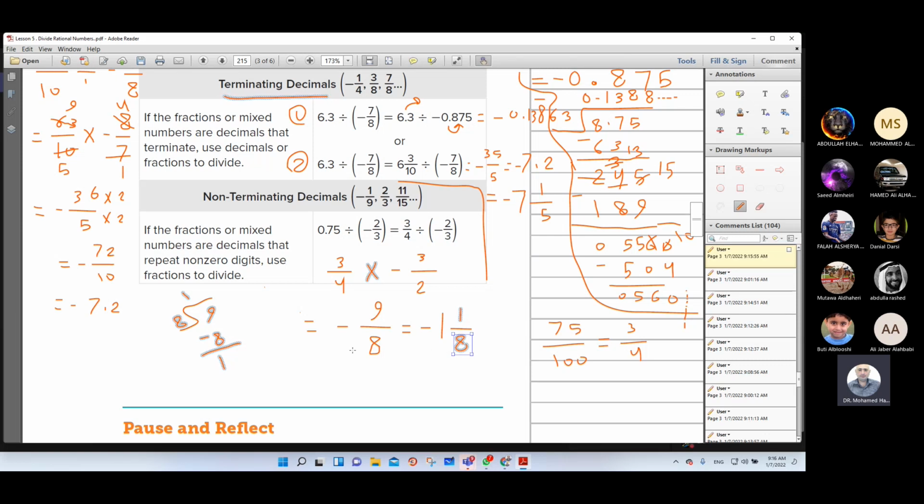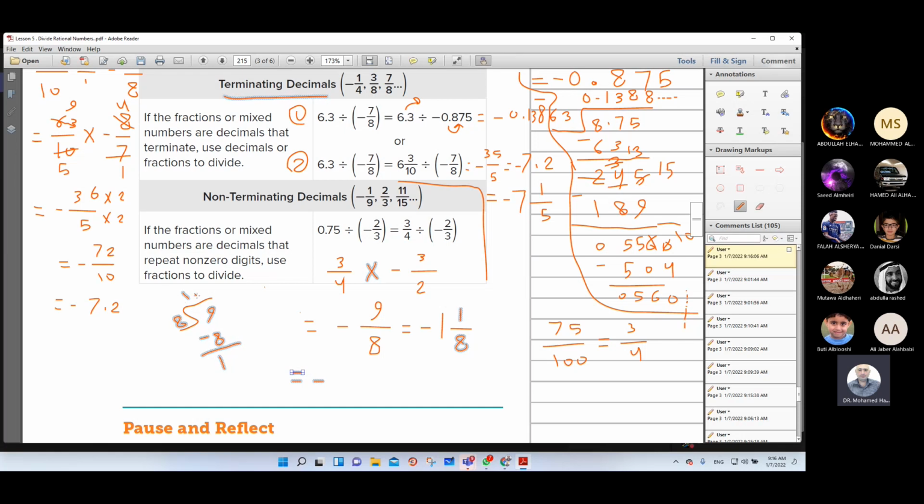If you want to write this number as a decimal, you can divide like this. 9 over 8. 9 divided by 8 will be 1. 1 times 8 is 8. 9 minus 8 will be 1. You can continue.